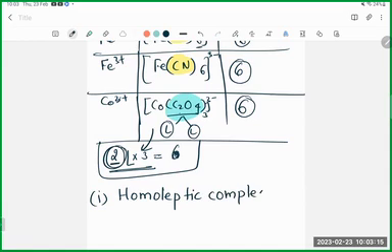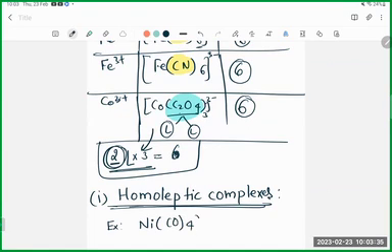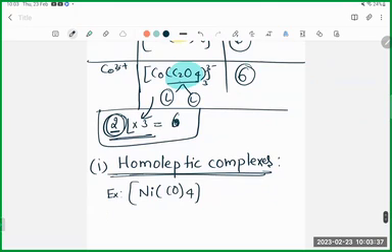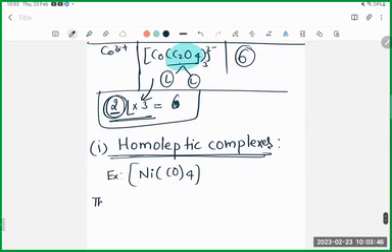When only one type of ligand is present, we call it a homoleptic complex. Homoleptic complexes are complexes in which the central metal ion is surrounded by only one type of ligand. For example, Ni(CO)4. Here the Ni atom is surrounded by 4 CO on 4 sides, correct?